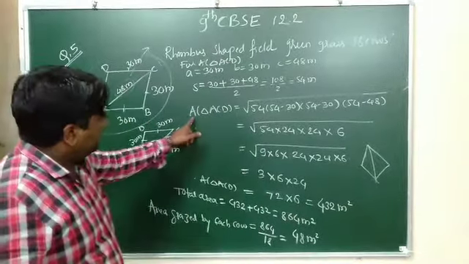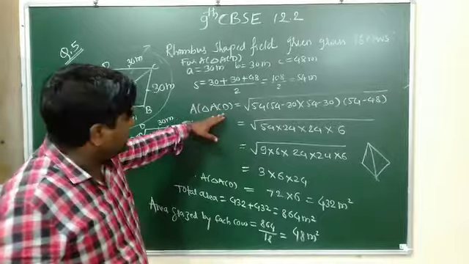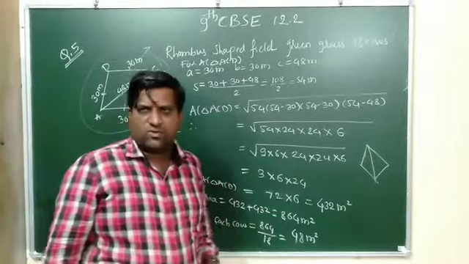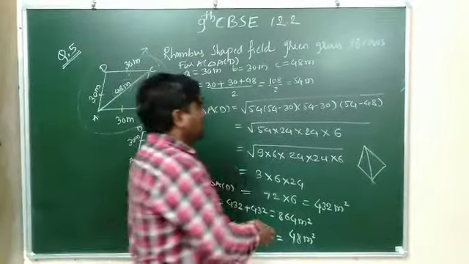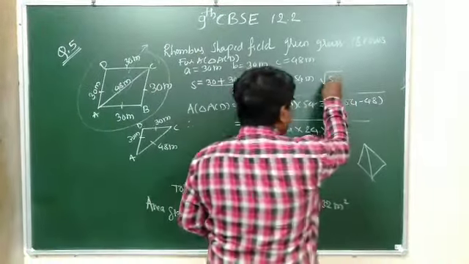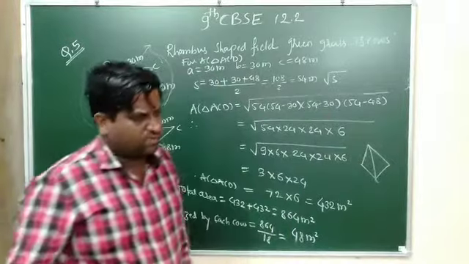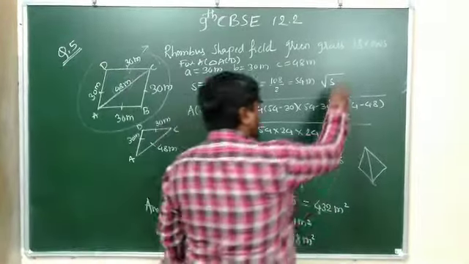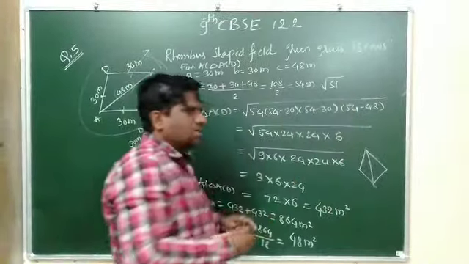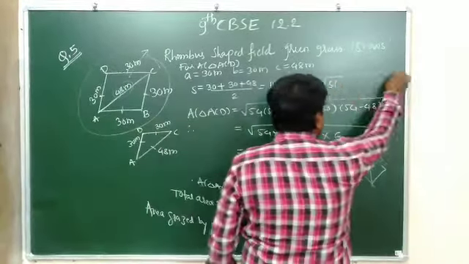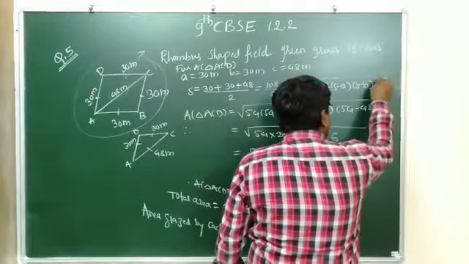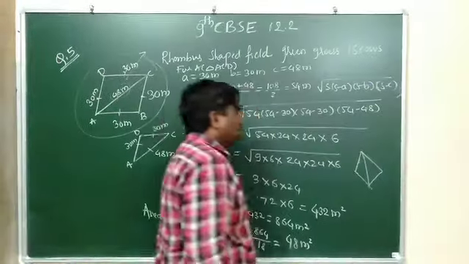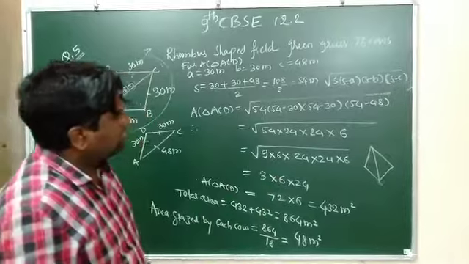Now let us find the area of triangle ACD by using Heron's formula, the formula to calculate the area of any triangle. Almost we are at the verge of this topic, but don't avoid writing the formula in the exam. Compulsorily you have to write it in the exam. So this formula we are following.